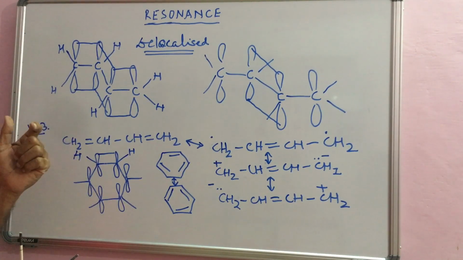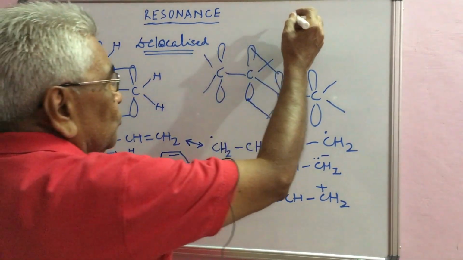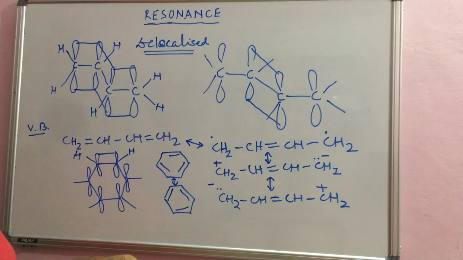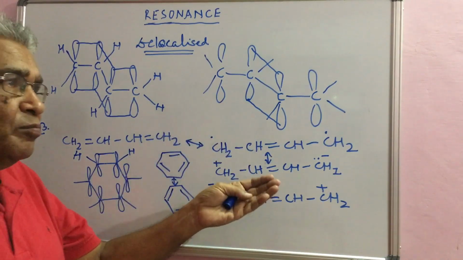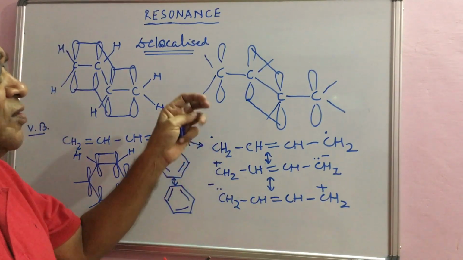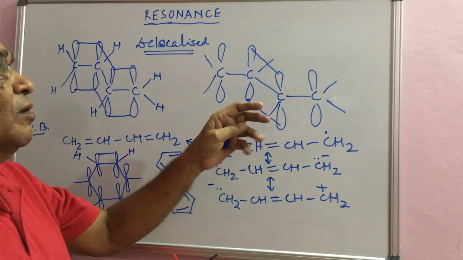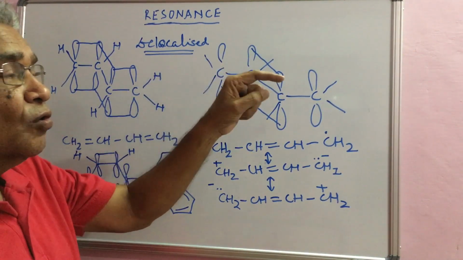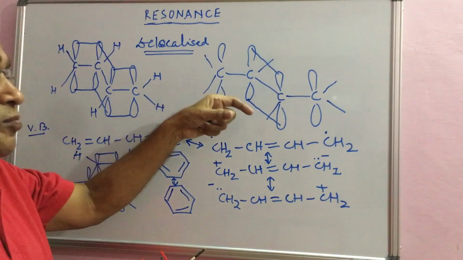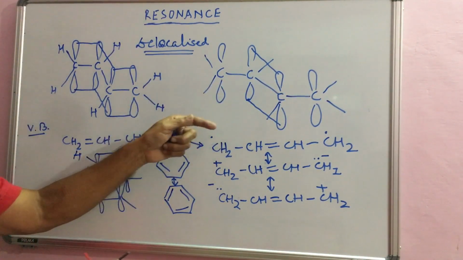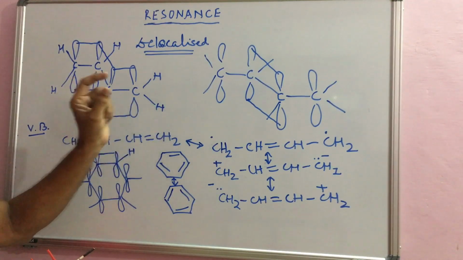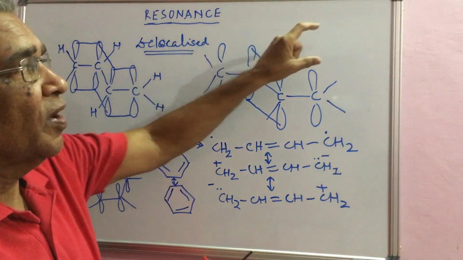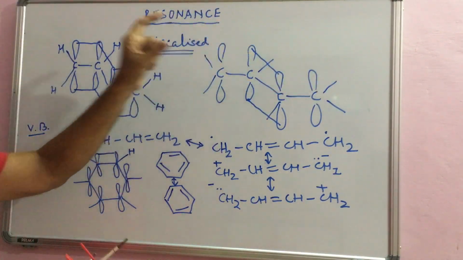So, the result is, you can remember, if 3 or more than 3 p orbitals stand parallel to each other on adjacent coplanar atoms, then this type of delocalization will take place. At least 3 p must be there, 4, 5 and 6 may be there, at least 3.